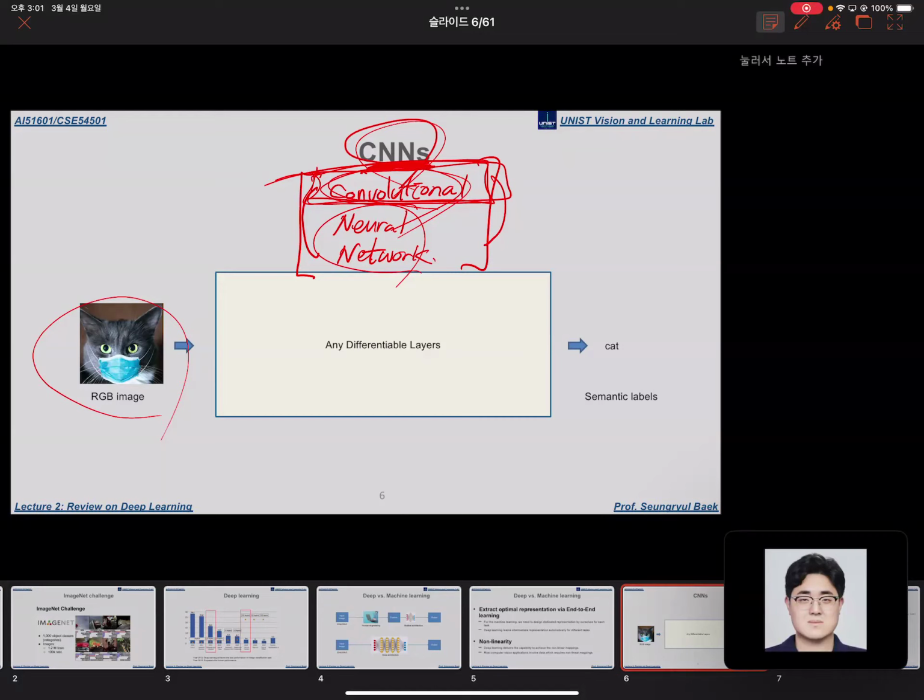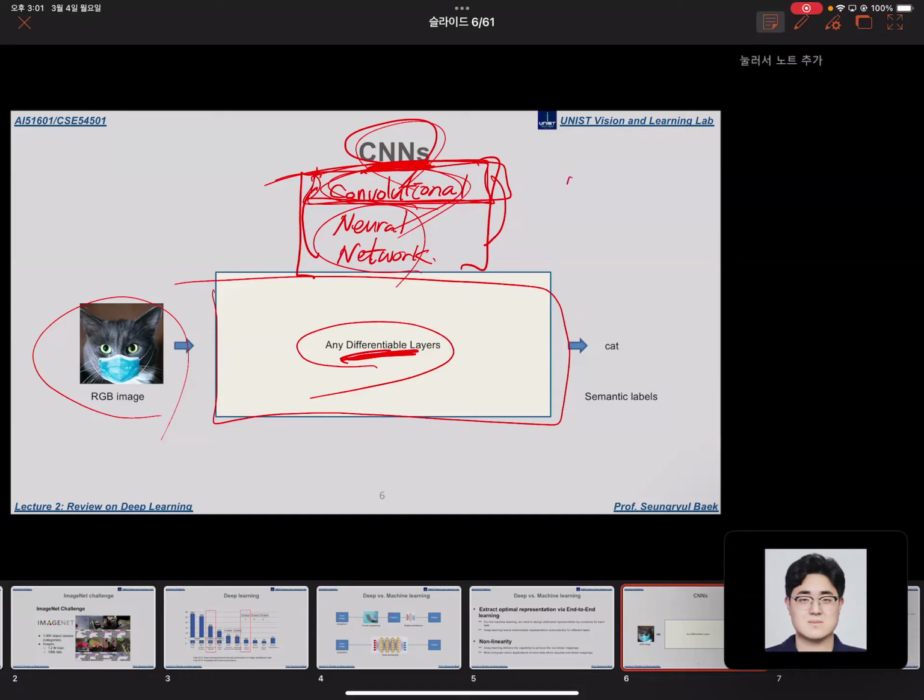More important thing when stacking this deep architecture is that all of the components in the deep architecture should be differentiable. Why is this?